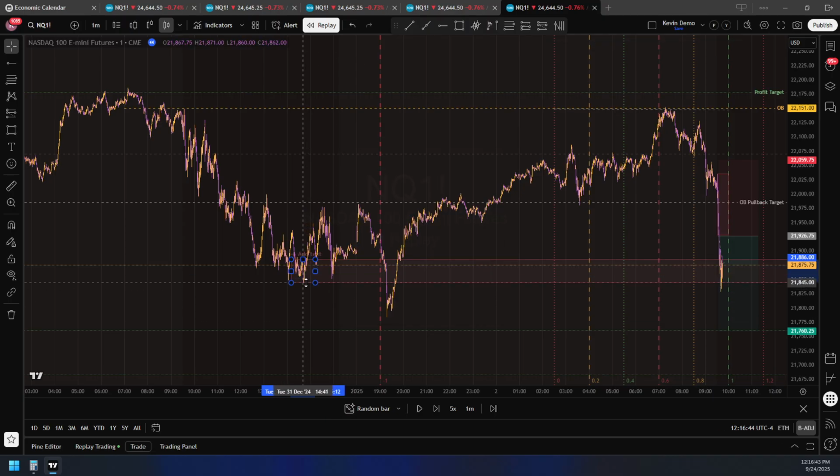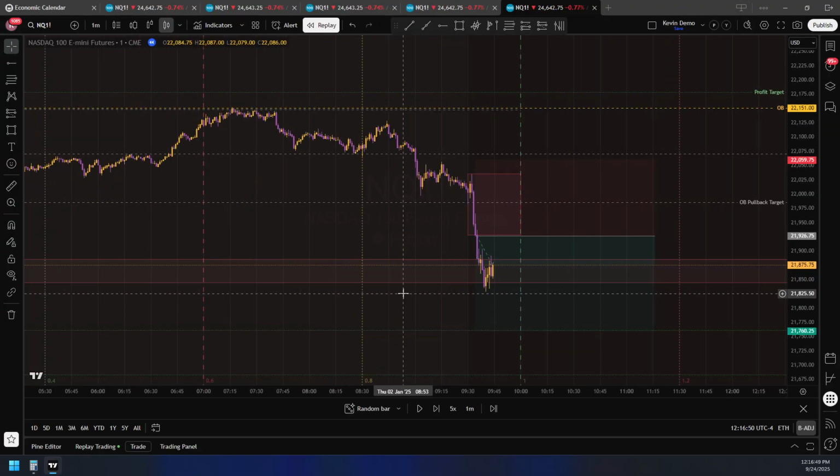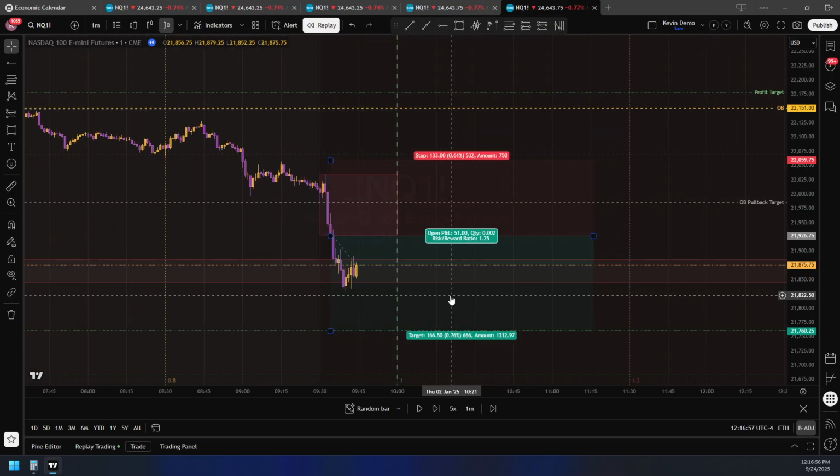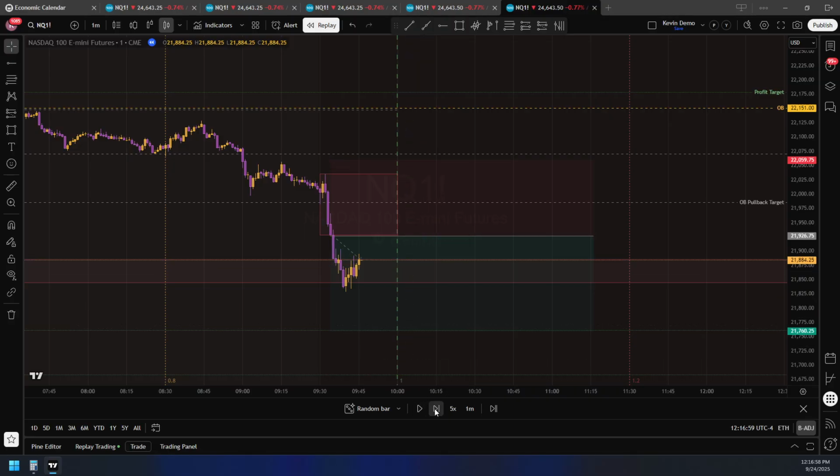And then it came down to here. It's sort of the same zone we're trading in right now. Okay, yeah, here we go. Let's see it pull back up into here. There we go. This is looking a lot better.